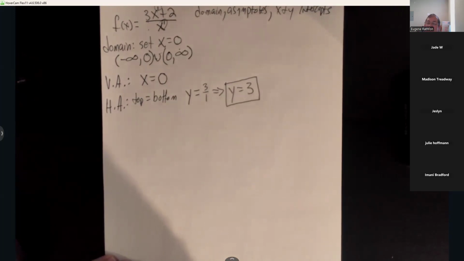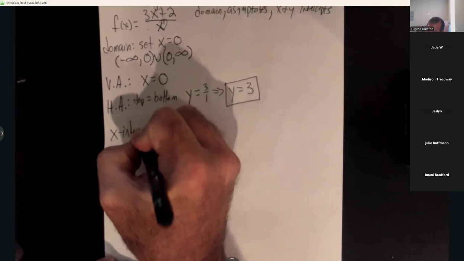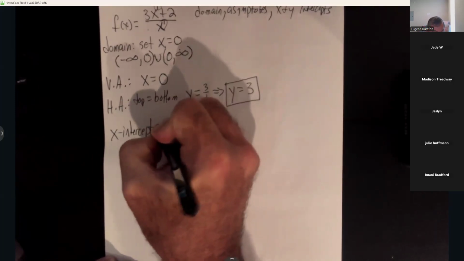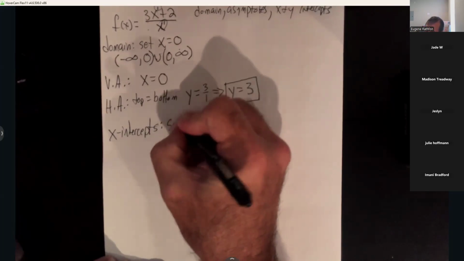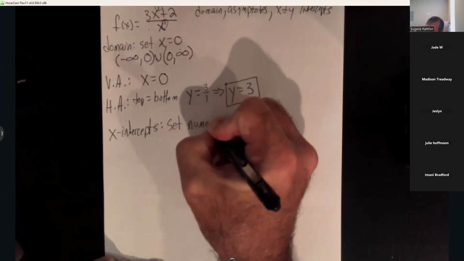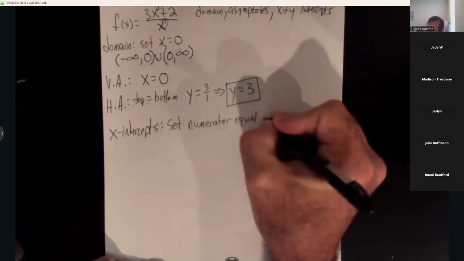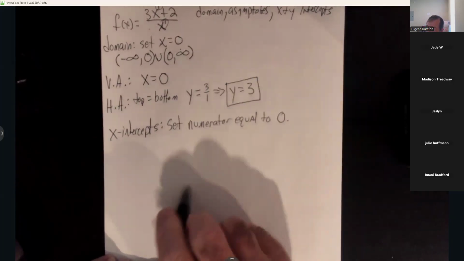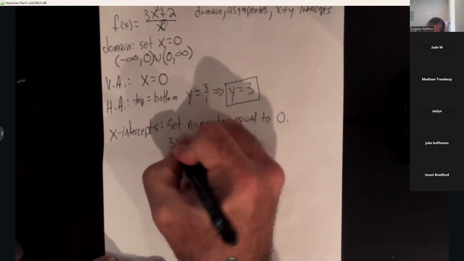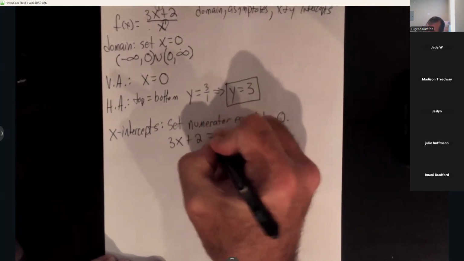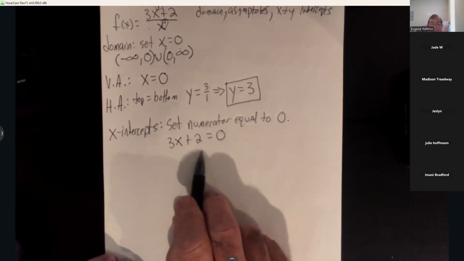Okay. Let me show you how to find x-intercepts. For x-intercepts, we set the numerator equal to 0. So my numerator is 3x plus 2. So I'm going to set 3x plus 2 equal to 0. And then I'm going to solve that.